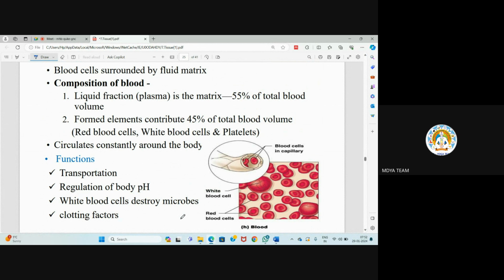Like if any virus or any bacteria has entered our body, then that microorganism, that virus or that bacteria, will be killed by our white blood cells.